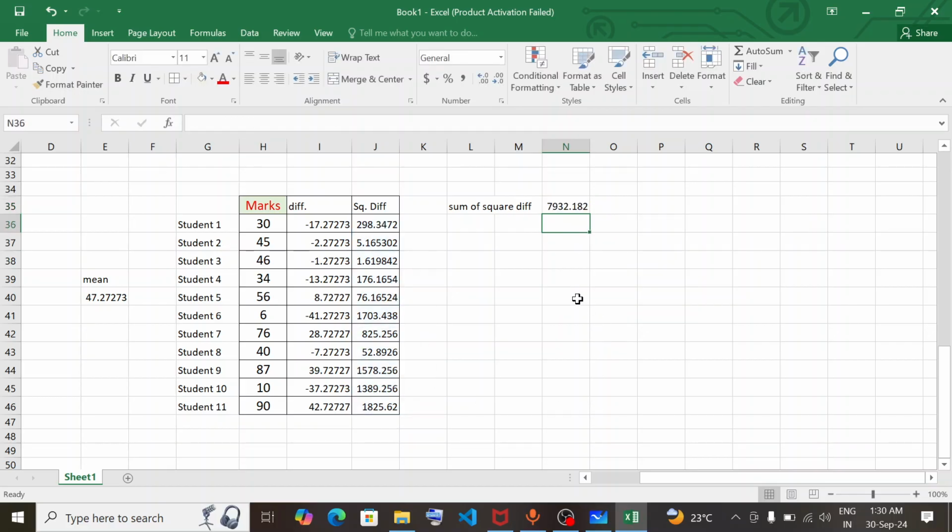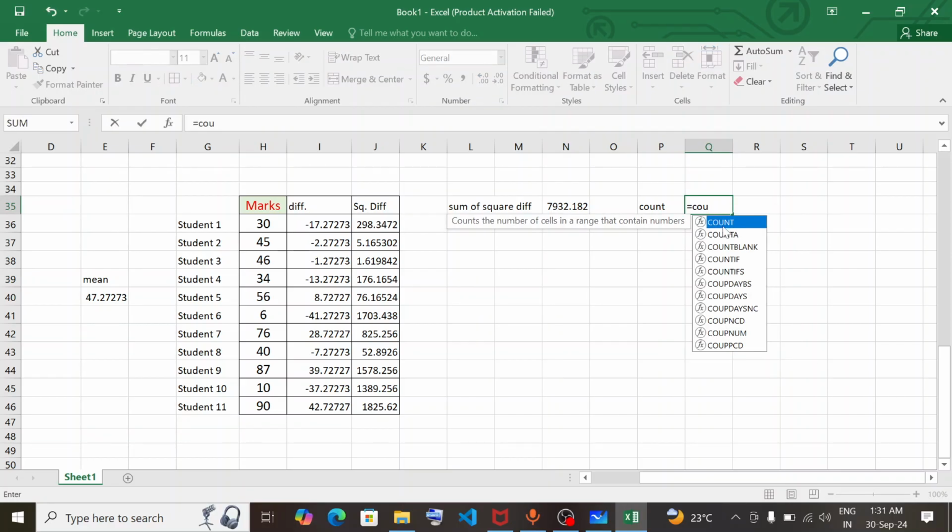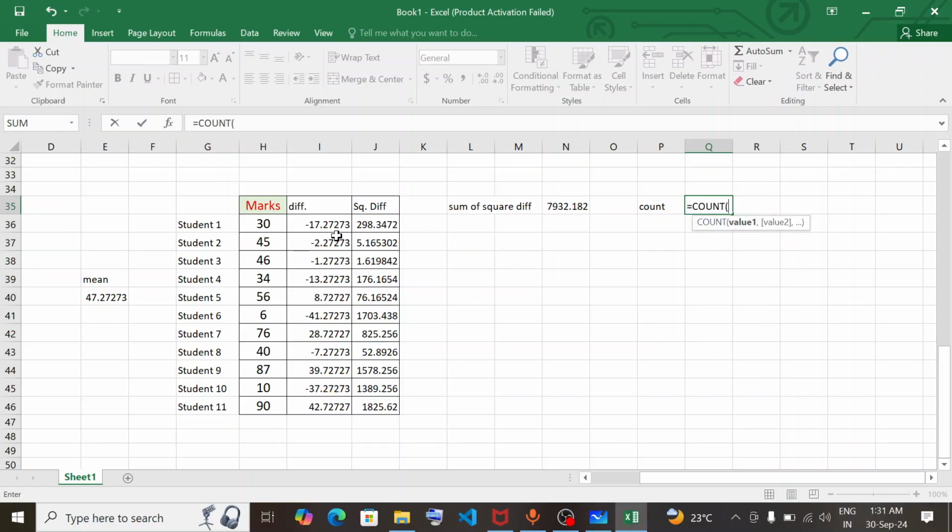So here we have this value, and then we require the count. So count of elements, we have used the Excel formula COUNT, and let's see how many data points we have. So here we have 11 data points.